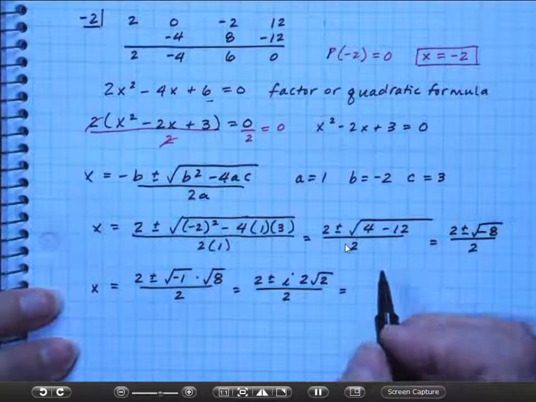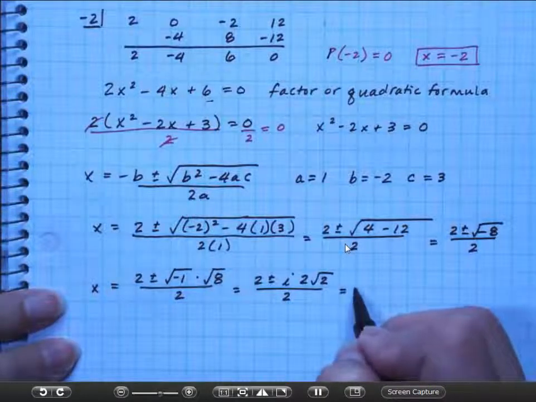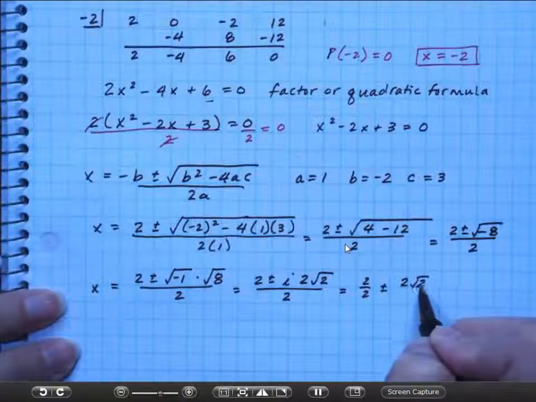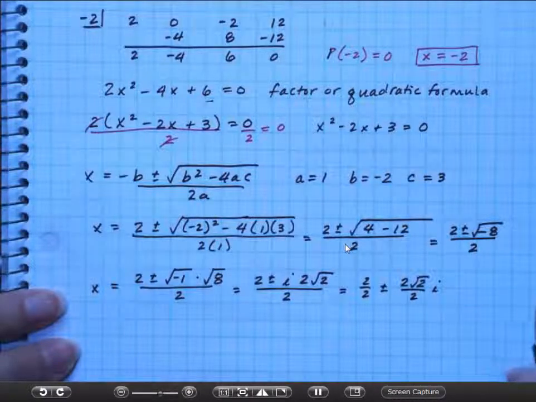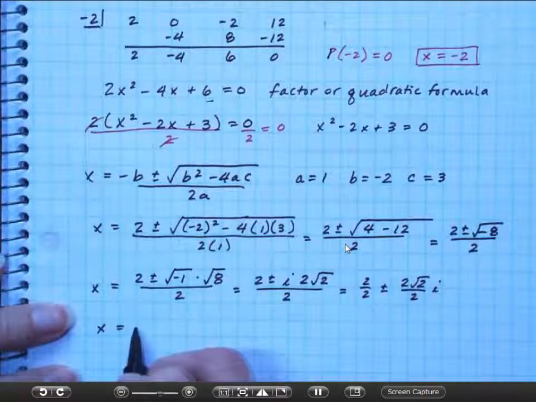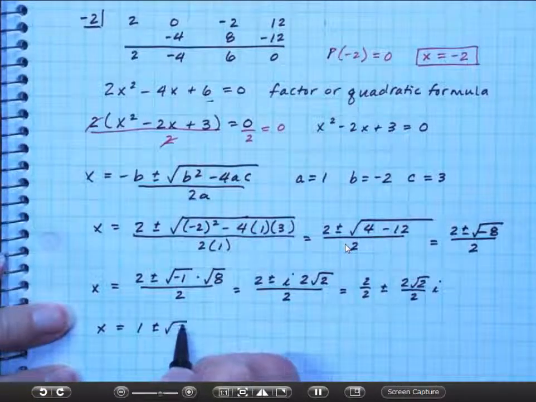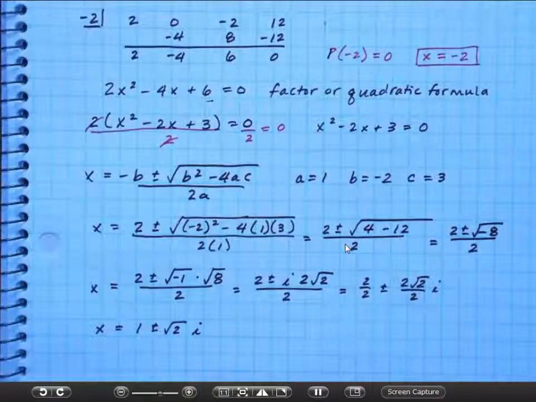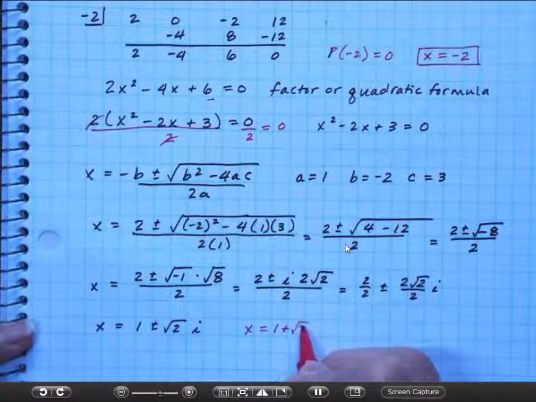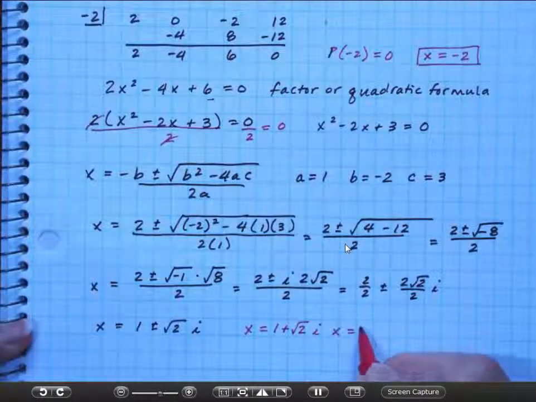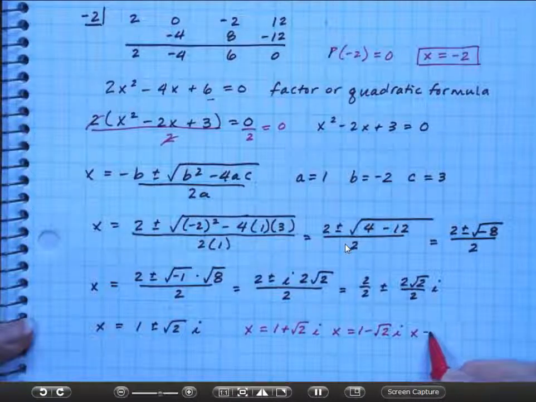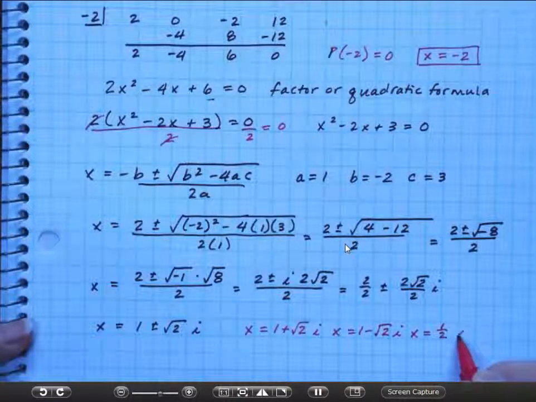So doing that gives me 2 over 2 plus or minus 2 square root of 2 over 2 i. And then finally, simplifying one more time, I end up with 1 plus or minus the square root of 2 i. So my zeros then end up being x equals 1 plus the square root of 2i, x equals 1 minus the square root of 2i, x equals 1/2, x equals negative 2.